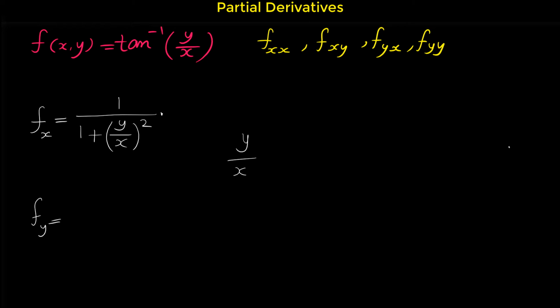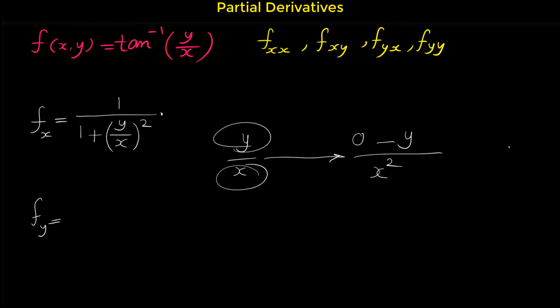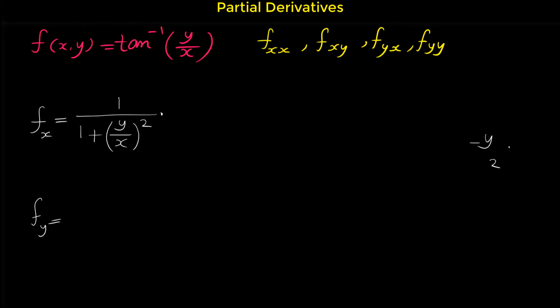If we use quotient rule for finding derivative of y over x, derivative of the top is 0 times bottom is 0, minus derivative of the bottom function, which is 1, times the top function y, over the denominator squared. So derivative of y over x is negative y over x squared. So multiply this by negative y over x squared.